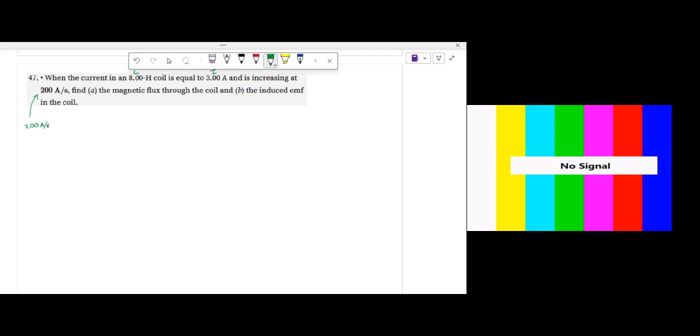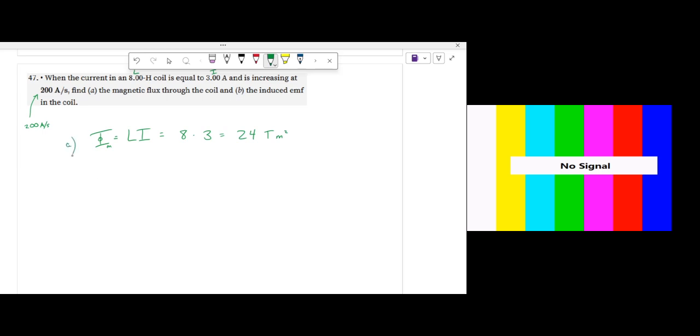Find the magnetic flux through the coil, and the induced EMF in the coil. So the flux, we said, is equal to L times I. That was the whole point of doing this. So it's just 8 times 3, so 24, and that would be Tesla meters squared.